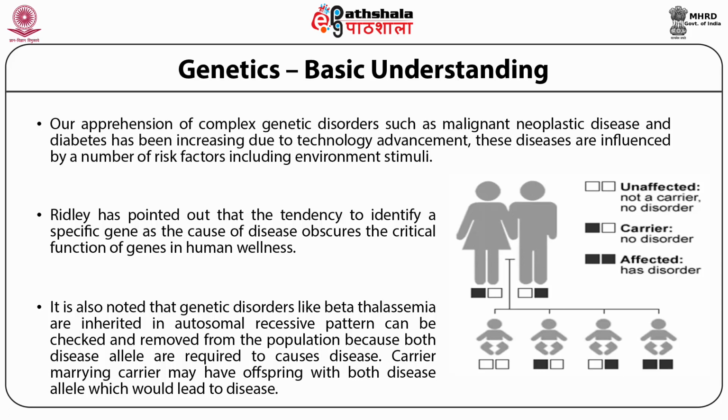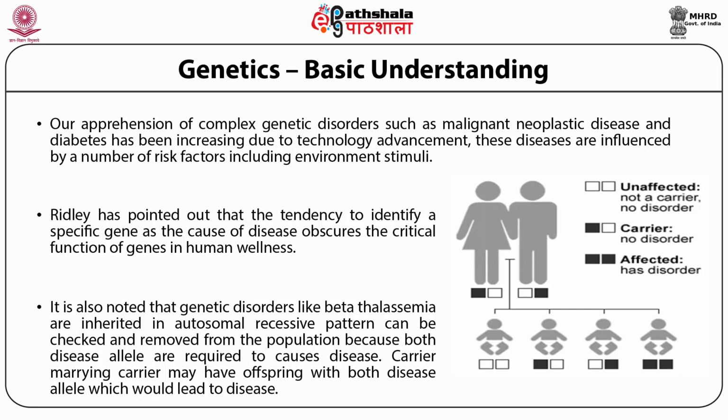Now from figure number 1, we can see the pedigree with autosomal recessive inheritance pattern. In this figure, there is a female who is a carrier and the male is also a carrier. When they produce children, there are four varieties of children. The first is unaffected, not a carrier and with no disorder. The second child is a carrier but has no disorder.